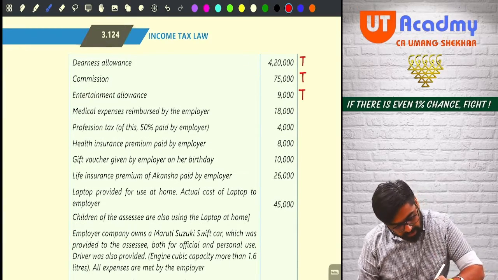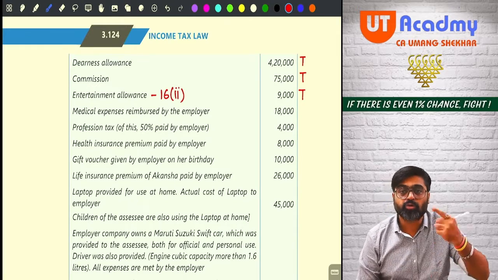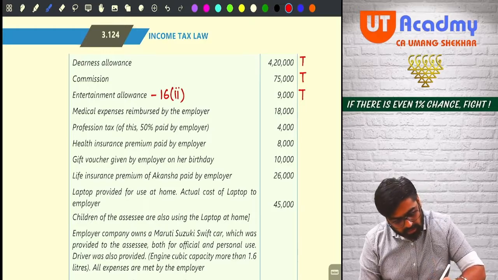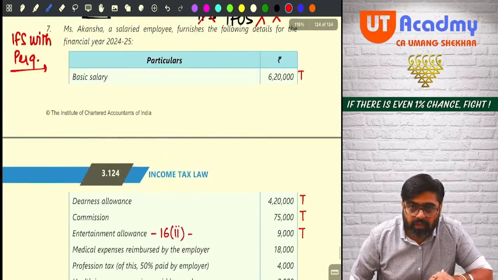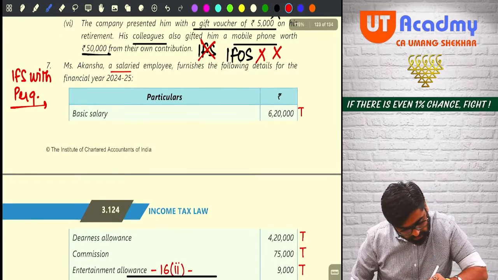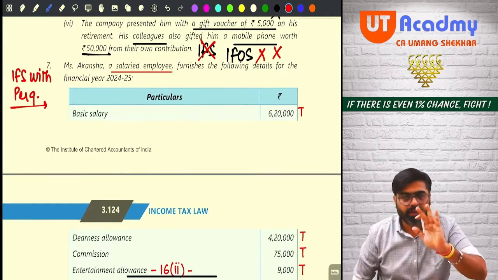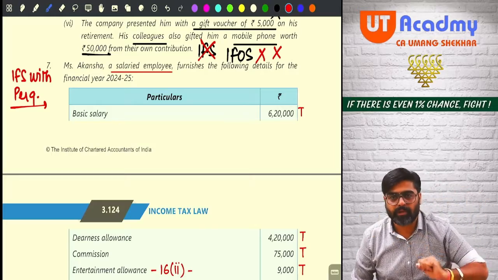But wait, for the entertainment allowance, the deduction under section 16 clause 2 is usually available. But it is available to which employees? Government employees. Is she a government employee? She is a salaried employee, and nowhere is it mentioned that she is the employee of a government, meaning that she is a private employee.